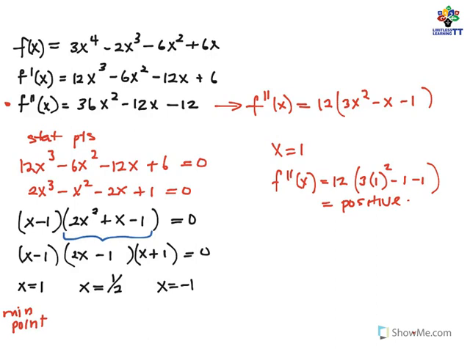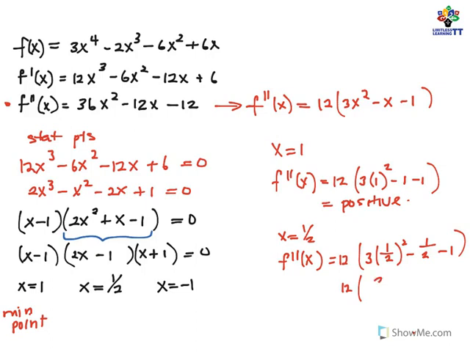Right, then I try the same thing for x is equal to a half. When x is equal to 1/2, I get f double prime of x being equal to 12 times 3 into 1/2 squared minus 1/2 minus 1. Right, 1/2 squared is the same thing as 1/4.